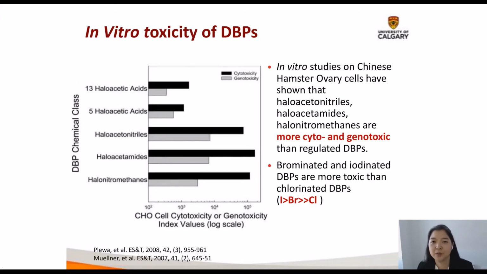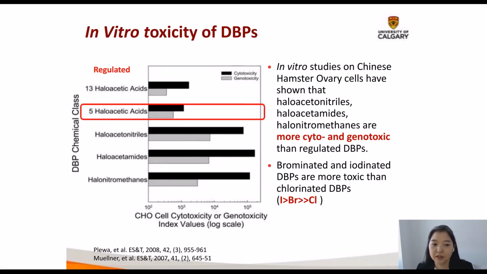So why are we concerned with these unregulated disinfection byproducts? Dr. Plewa from the University of Illinois at Urbana-Champaign has tested more than 100 disinfection byproducts with one single bioassay. What this allows is that we can directly compare the toxicity of different disinfection byproducts. And so in this graph, as you can see, you have the different disinfection byproduct chemical classes.